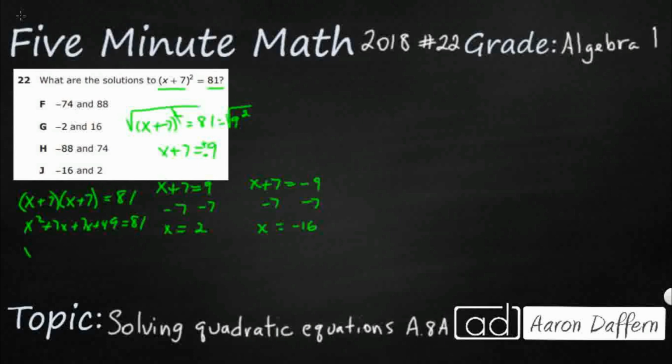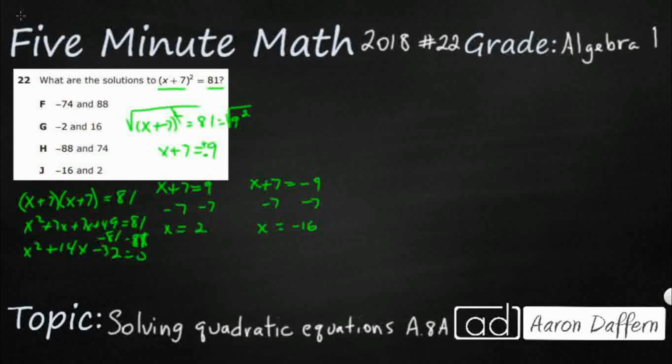So we're going to say x squared plus 14x. I want to get rid of this 81 over here, so we're going to do 49 minus 81 just so we can get a 0 over there. So 49 minus 81 equals minus 32. So there we go. That's our starting point right there.